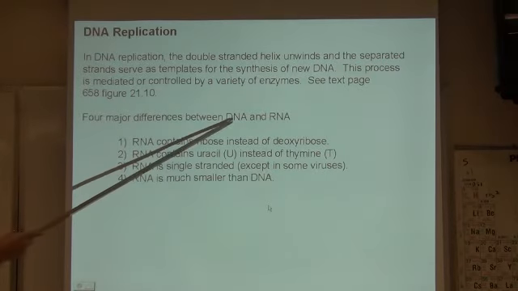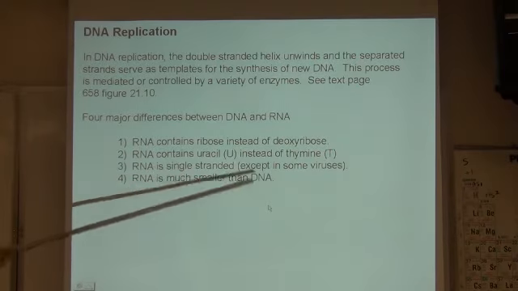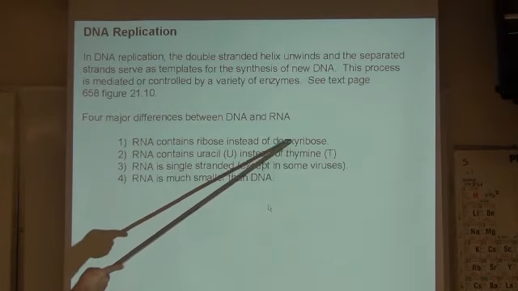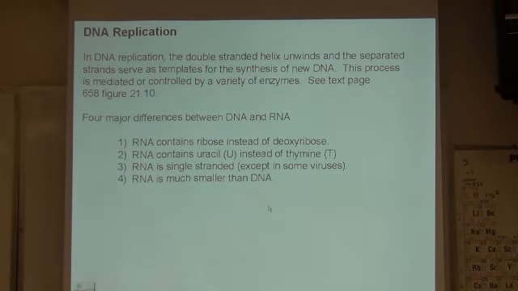4 major differences between DNA and RNA. First of all, RNA contains ribose instead of deoxyribose. Okay, we saw that difference. That's nothing more than the carbon number 2 of the ribose ring does not have oxygen for deoxy, does have oxygen for ribose.